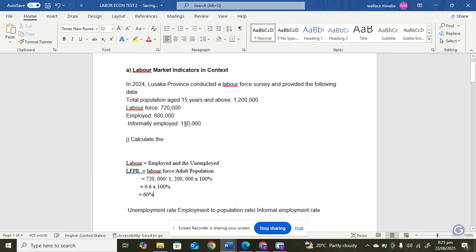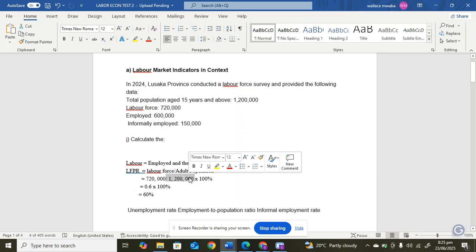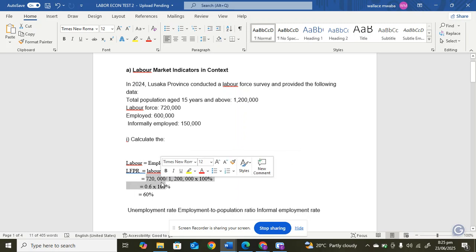Okay. So out of these 1,200,000 people, 60% form part of the labor force, which is 720,000. So for a nation, a higher labor force participation rate is better. It means there are more people, a bigger workforce.